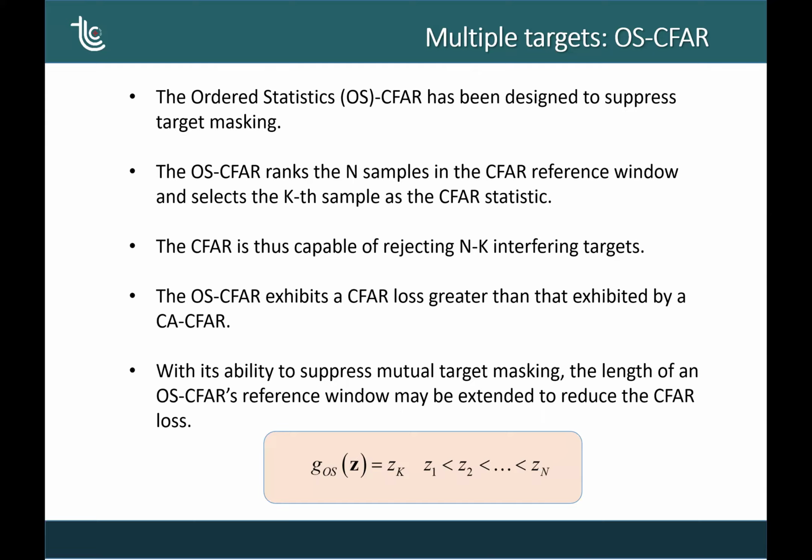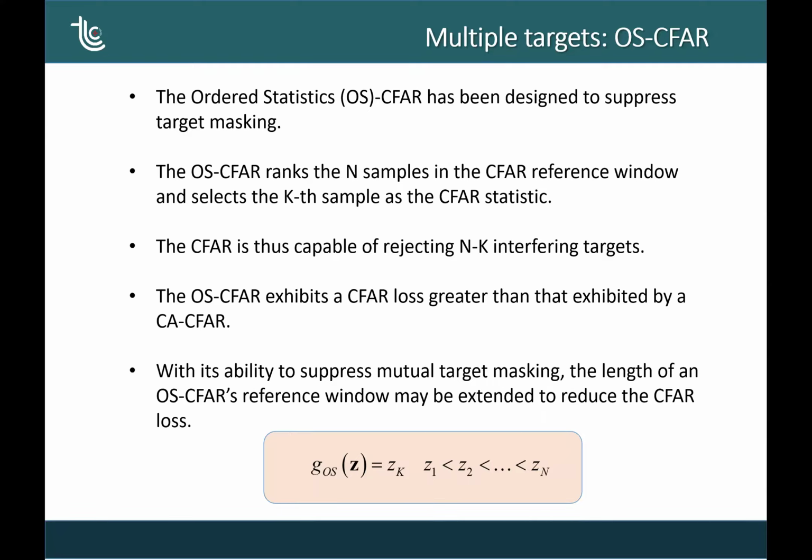And why this idea? This idea is because when there is a target, the amplitude of the sample is larger than the amplitude of the sample when there is only noise. So if you rank the samples and you take the kth, it means that all the samples that are greater than the kth are supposed to contain spurious targets.